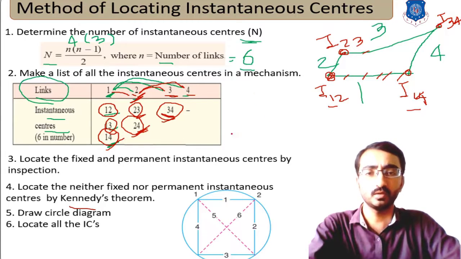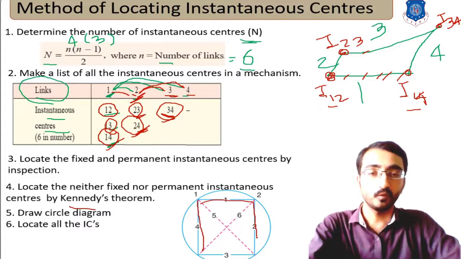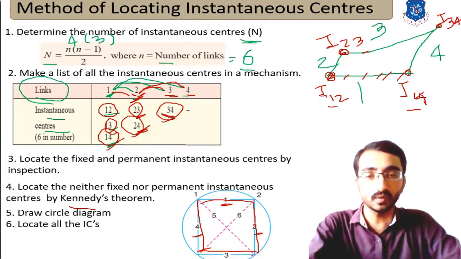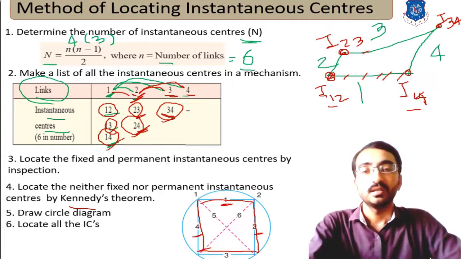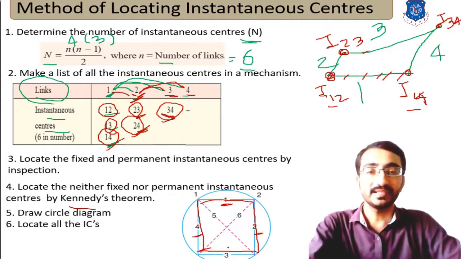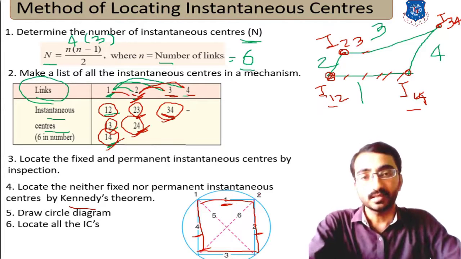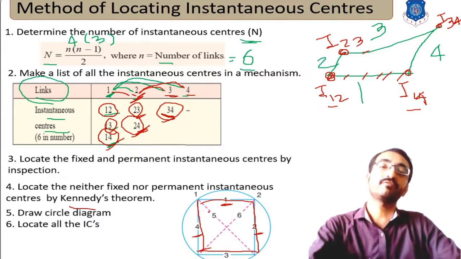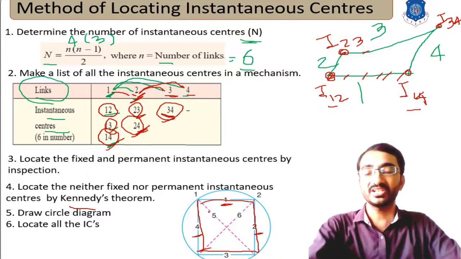As we have sketched, the 4 lines represent the various links number 1, 2, 3 and 4. Now we have to draw a circle which joins these 4 points. This circle will give us the other instantaneous centers.